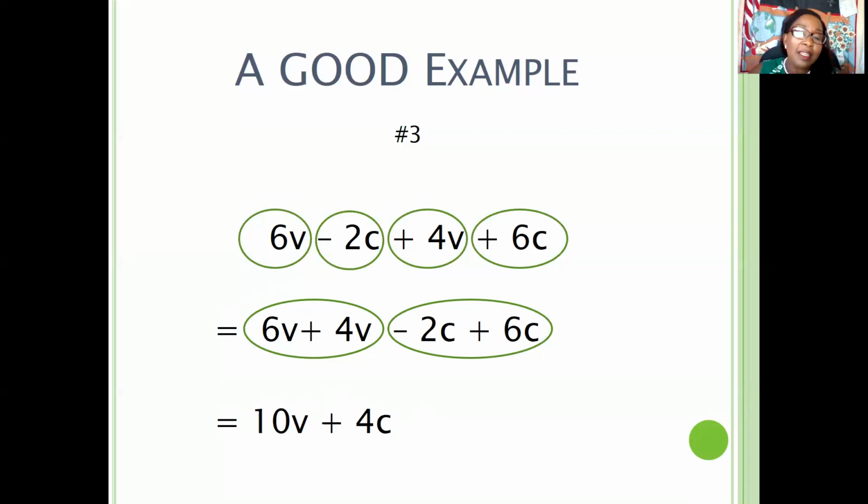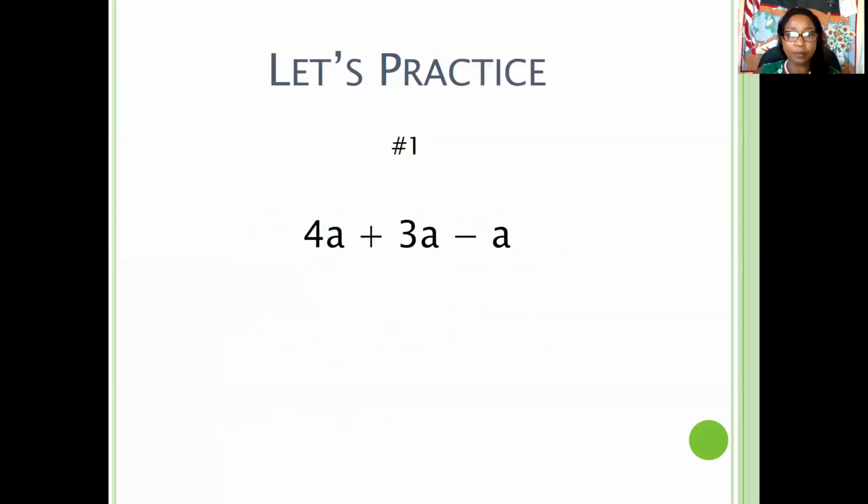I know integers is not usually a favorite topic for many students, but if you owe the bank $2, that's negative 2. When you put $6 on that account, they're going to take that $2 off first, and you will be left with 4. So final answer, 10v plus 4c.